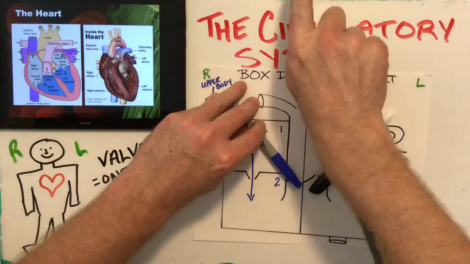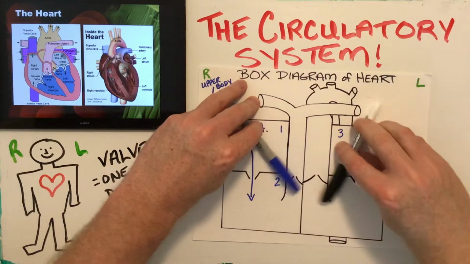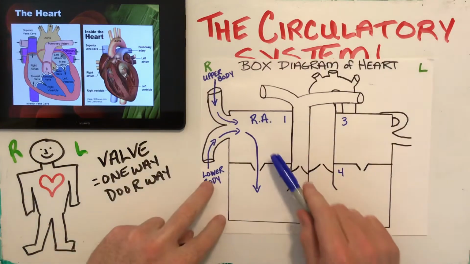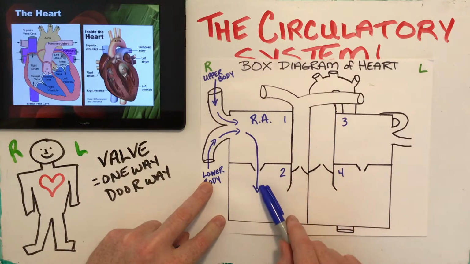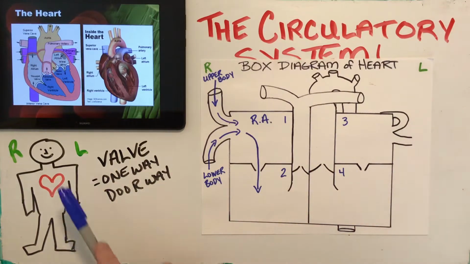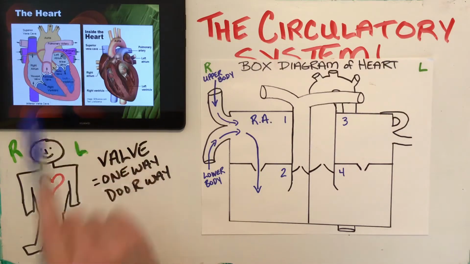So if you try to go that way, it's not going to happen. Basically, once you go through the valve, it closes behind you if you try to go up. Same thing here. Blood comes down here, deoxygenated blood, and it can't go back up. These two parts will push back together. We can see the valves here in this diagram, 1, 2, 3, and 4.